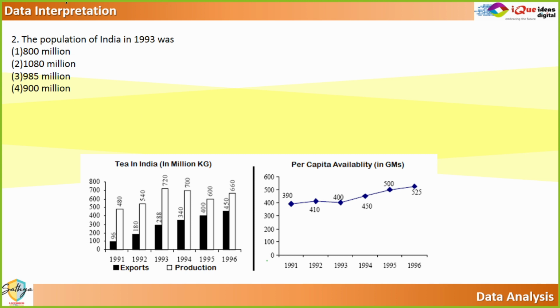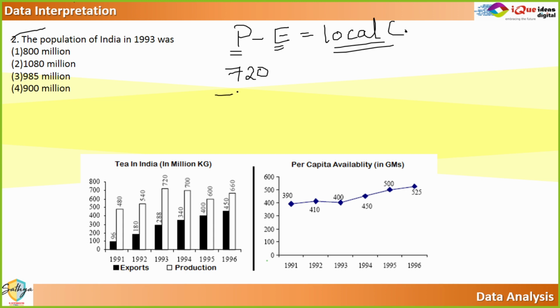See, we know what the total production is. So if I subtract the export from the production, then I will get the local consumption amount. In 93, out of a total production of 720, if 288 was exported, then what was the amount which was left for the local people?